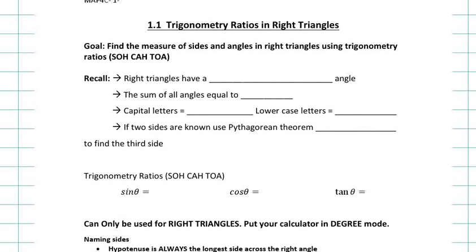So this is only the case of right triangles. We can't use these formulas or these equations other than in a right angle triangle situation. Okay? So right triangles have a 90-degree angle.